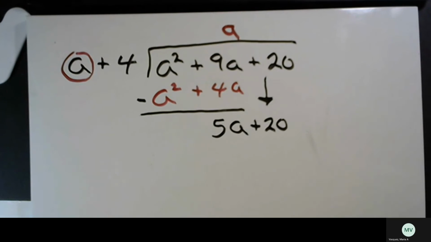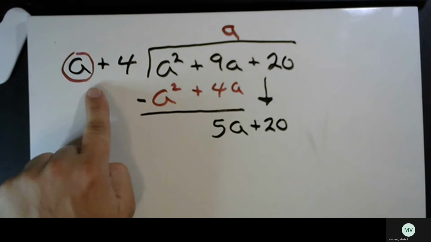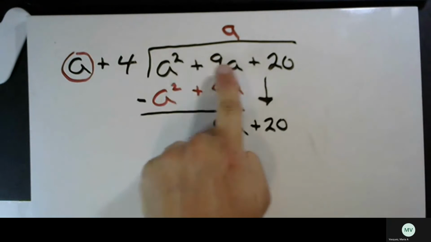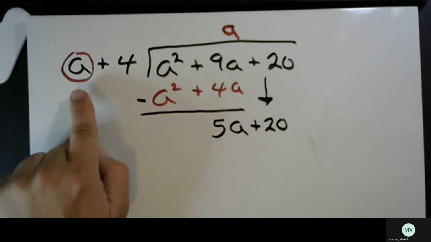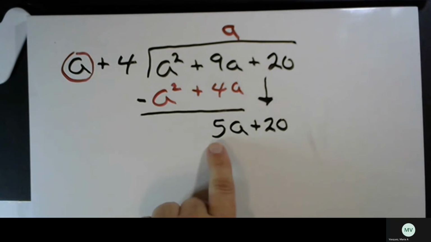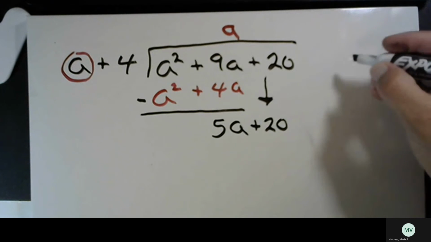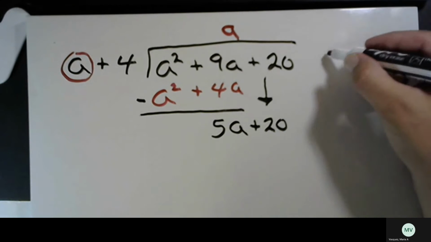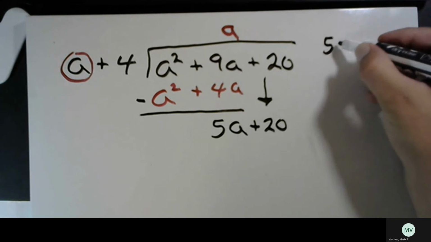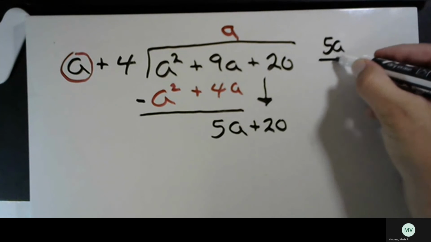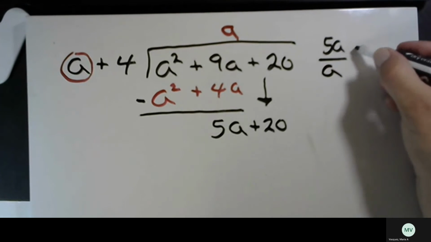Now we're going to start again, except instead of working with the first term of this, we're now going to work with this and the first term here. So take 5a divided by a.